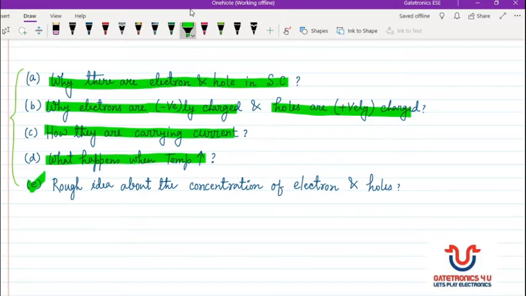The fifth one is that we can get a rough idea about the concentration of electrons and holes. We will not get the accurate value of electrons and holes, but we can get a rough idea. So these are the information that we can get from the bond model.